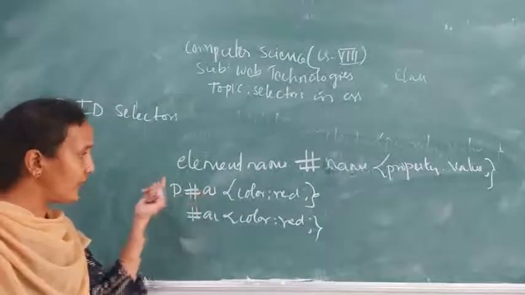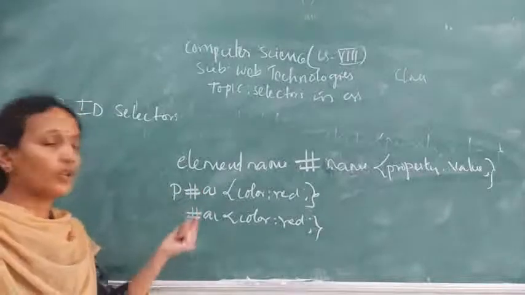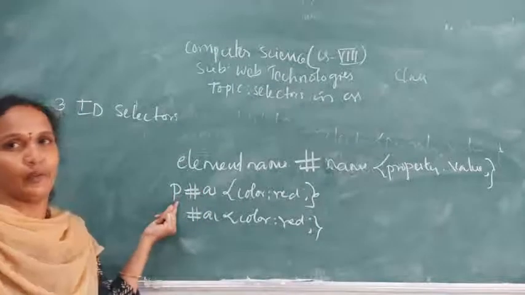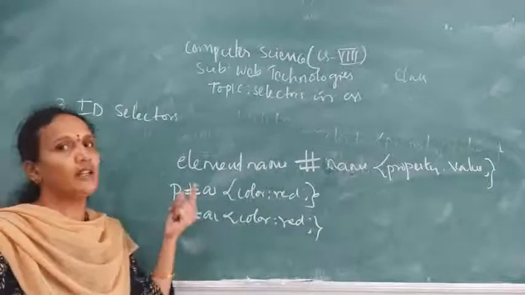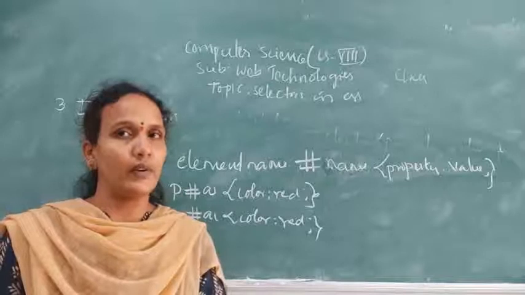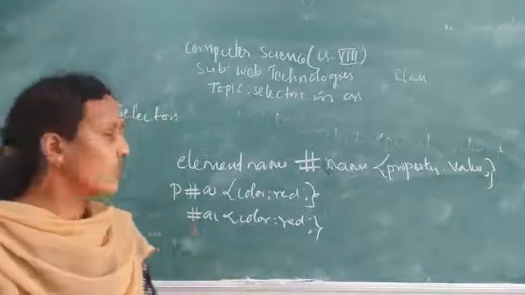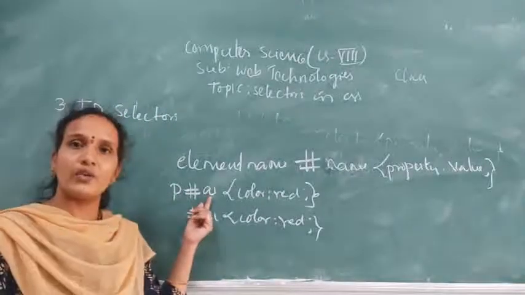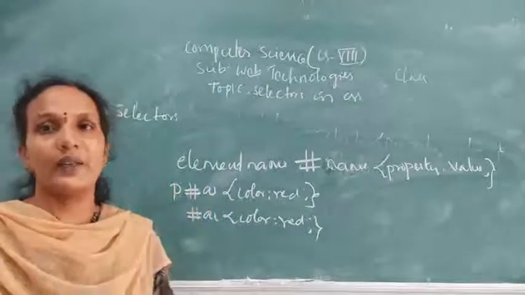Whereas here I have created the ID for a paragraph, so you are supposed to use this ID for this paragraph only. If you use this ID for any other element, whatever properties you have given in that ID will not be applied. So ID is the one type of selector which is used to give a unique style to a particular element.